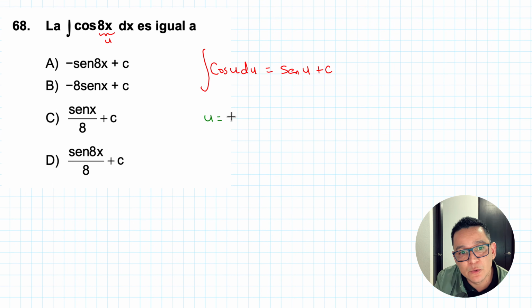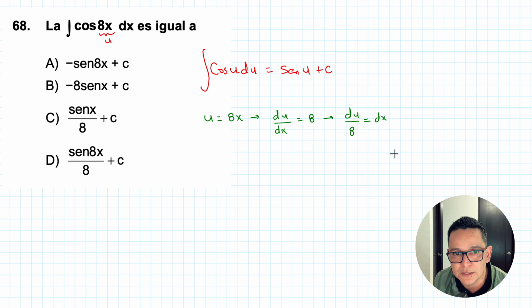So I have that u equals 8x, and from here we can differentiate u with respect to x, right? What's the derivative of 8x with respect to x? Well, it's 8. Let me try a double substitution here. It's a bit unusual. Look, I'm going to move this 8 to the denominator and this dx to the numerator. So I'll have du over 8 equals dx. You're following me with that, right? Perfect.